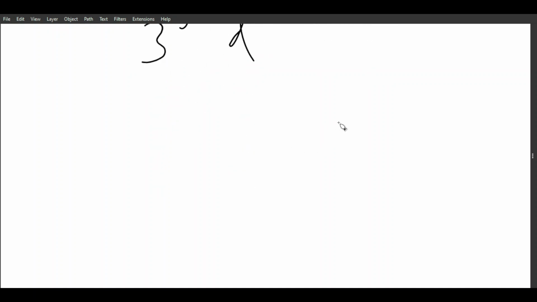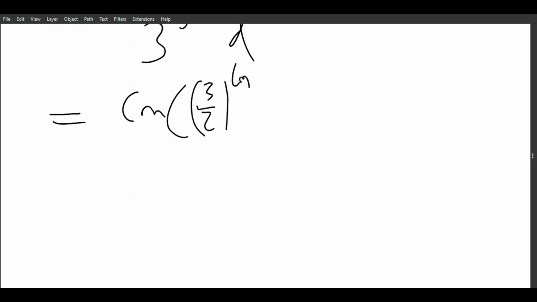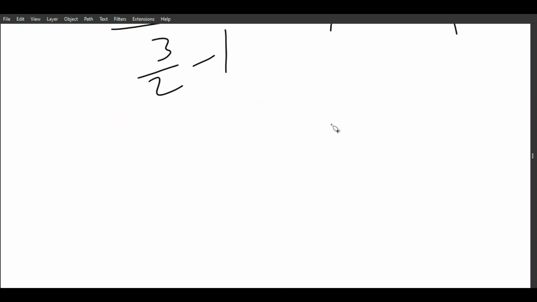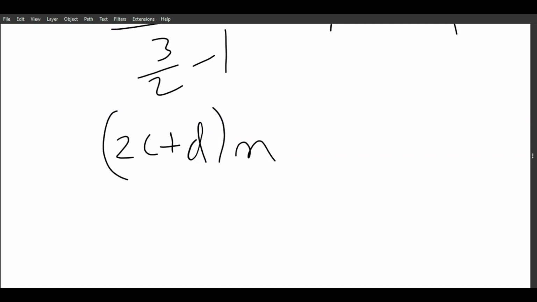So I will just write the expression. Apply the geometric series: Cn times 3 by 2 power log n with base 2 minus 1, divided by 3 by 2 minus 1, plus n power log of 3 with base 2 times D. So just simplify the expression, the final expression I will write. We get something like 2c plus d. Now the power has changed because the factor now is 3 by 2.